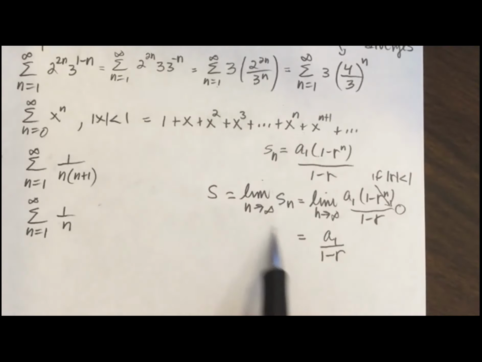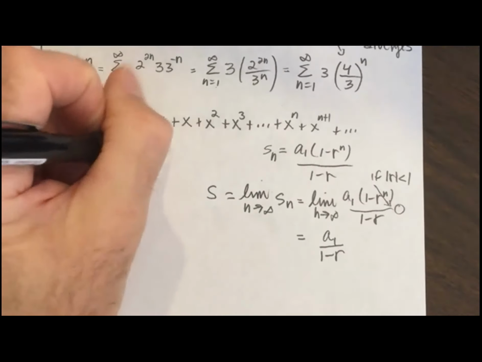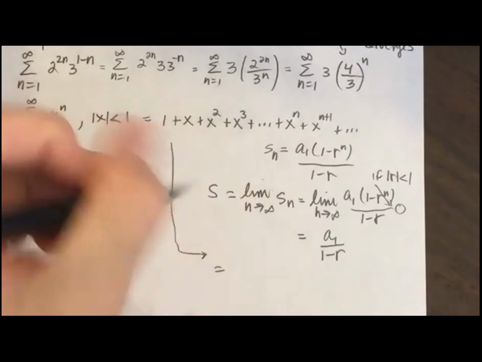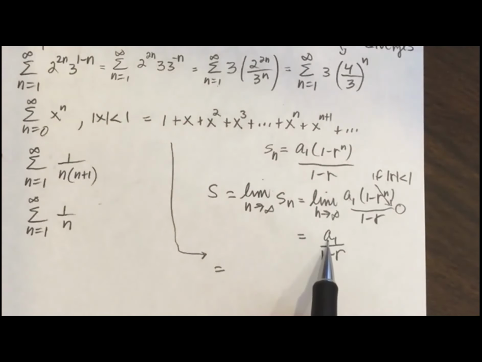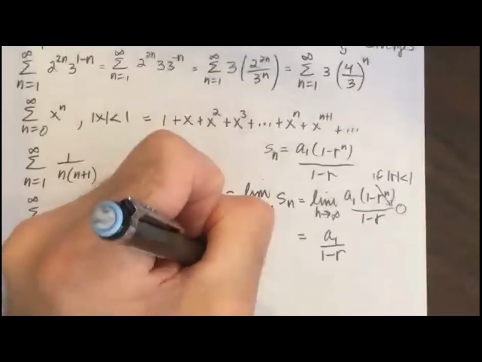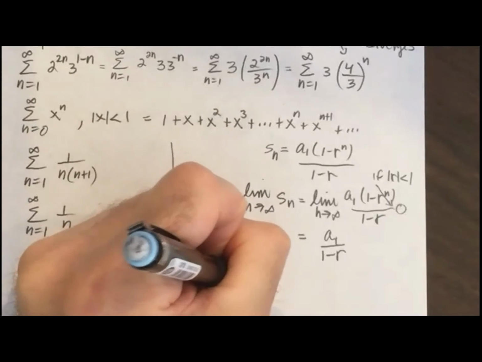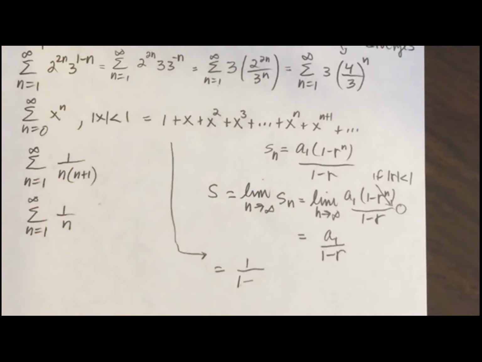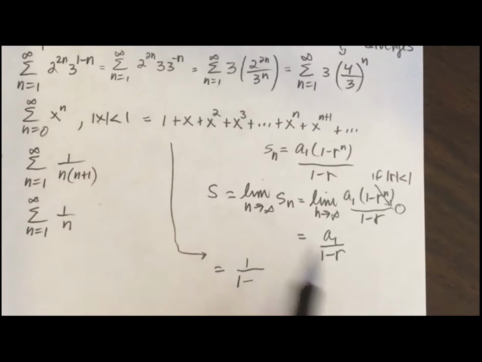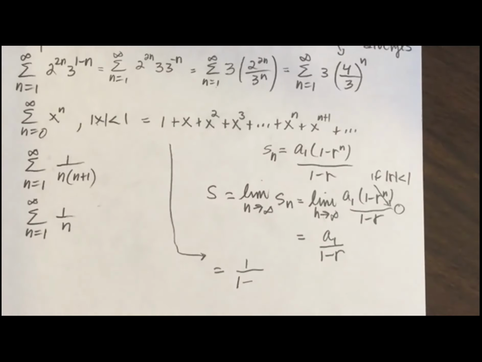In fact, the formula that we just said will tell us where it converges. So I can write equals the first term. What's the first term? 1. So 1 over 1 minus the ratio. And what's the ratio? 1/2, in the example we were thinking about.